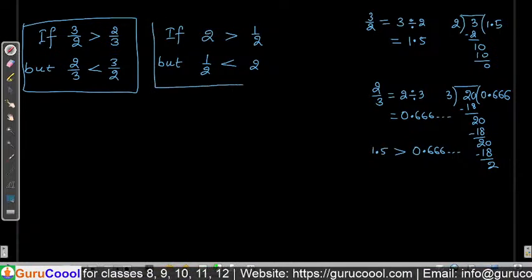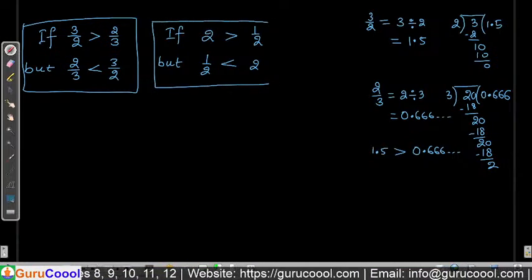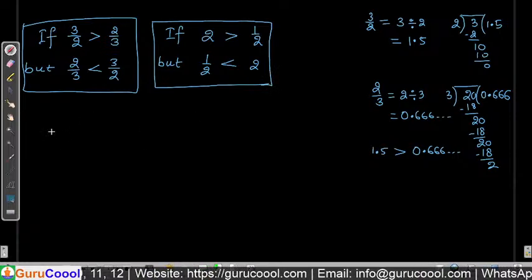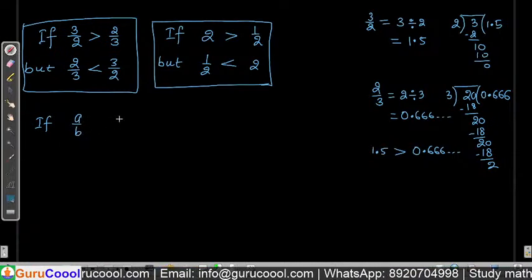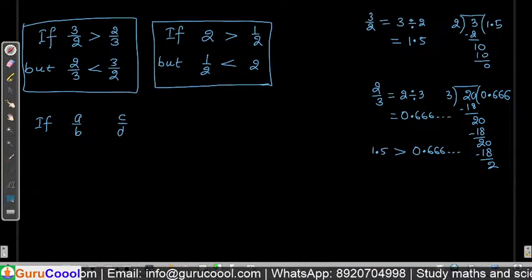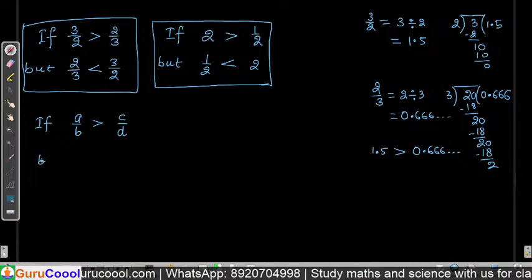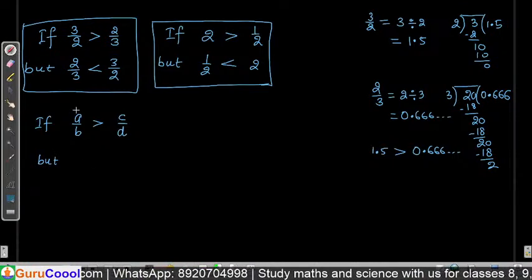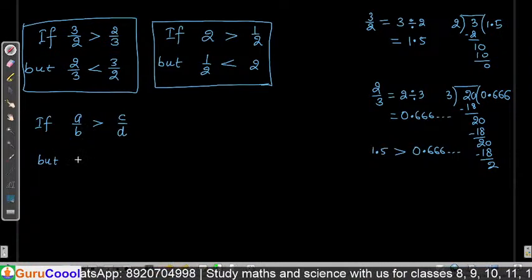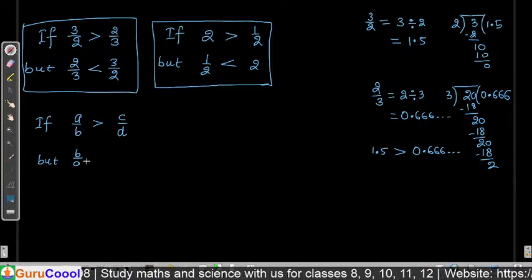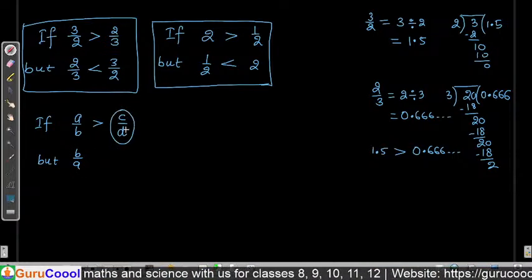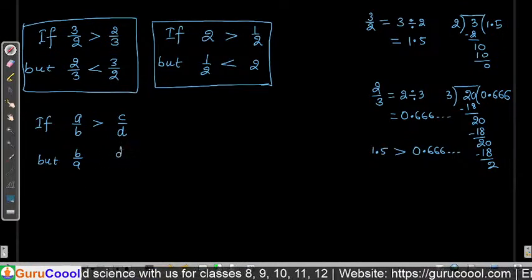So what is the learning? Let's say there are two fractions. The first fraction is a by b, the second fraction is c by d. And suppose a by b is greater. So if I reciprocate a by b, what do I get? b by a. And if I reciprocate c by d, what do I get? d by c.